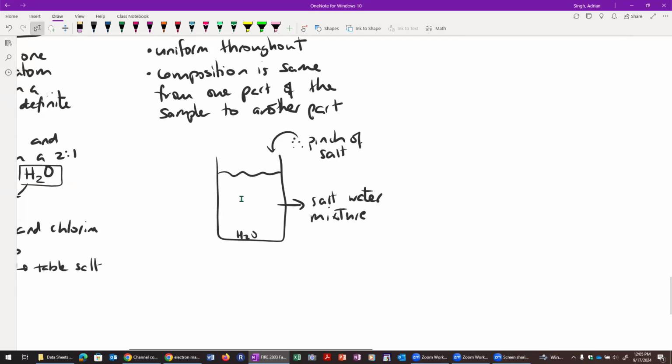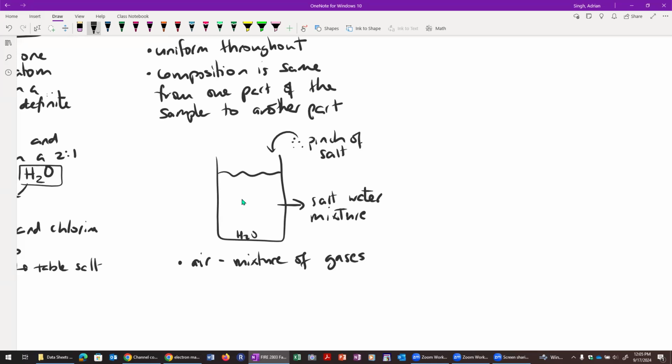it is. Another example that may be sort of not obvious or counterintuitive is the air that you're breathing in right now. Air is a homogeneous mixture, and it's a homogeneous mixture of gases. It's distributed in the same proportion, whether it's the air I'm breathing in here or on the other side of the room. The proportion is going to be the same of these different gases, but the gases are not chemically combined, right?